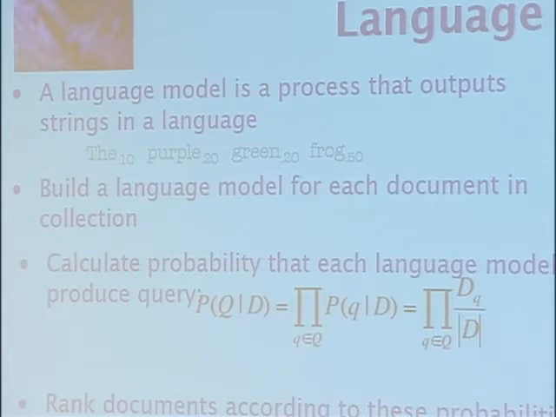When it comes to language models used for information retrieval, unigram models are by far the most commonly used. There has not been shown to be a huge boost to be gained by going to higher order n-gram models.